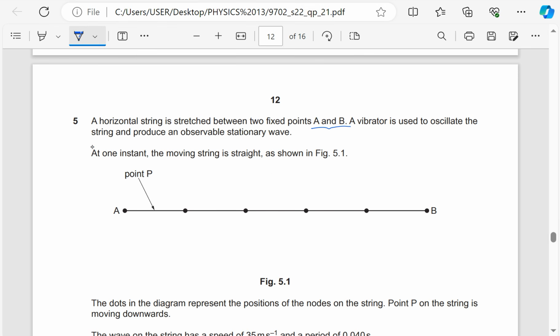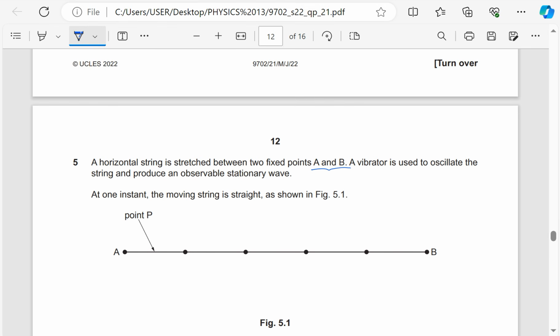If at t equals 0 we had destructive interference, then at t equals a quarter of a period, the wave propagating to the left has moved a quarter of its wavelength, and the wave propagating to the right has also moved a quarter of its wavelength, which means they're actually two quarters apart.